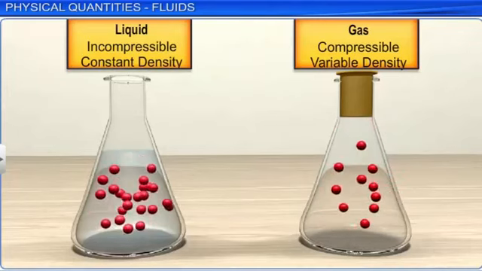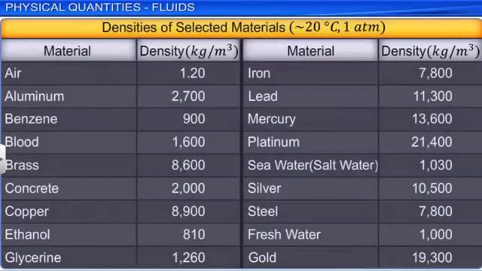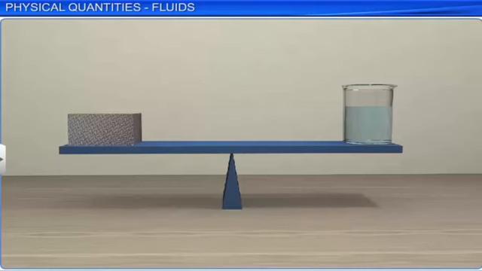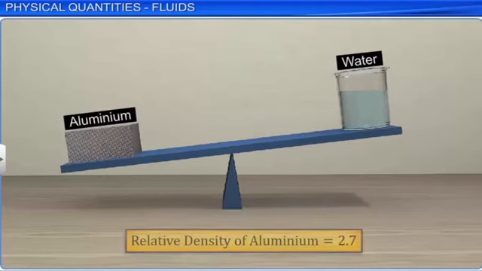Relative density is the ratio of density of the substance to the density of water at 4 degrees Celsius. For example, relative density of aluminium is 2.7. Relative density is a scalar quantity. It does not have units as it is the ratio of similar quantities and thus it is a dimensionless quantity.